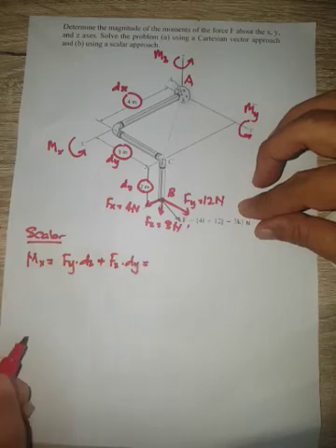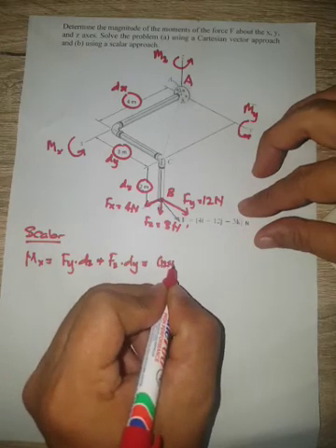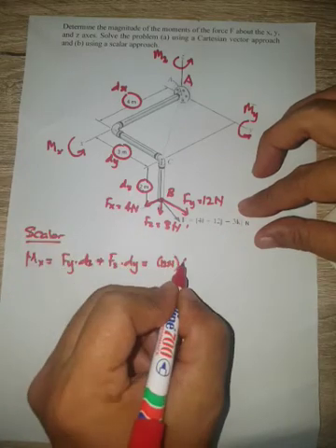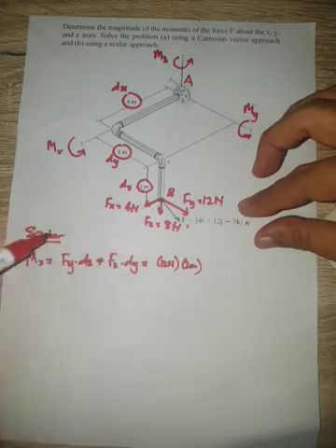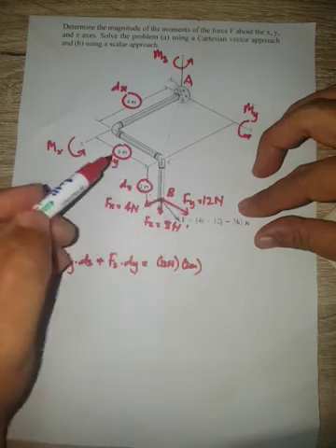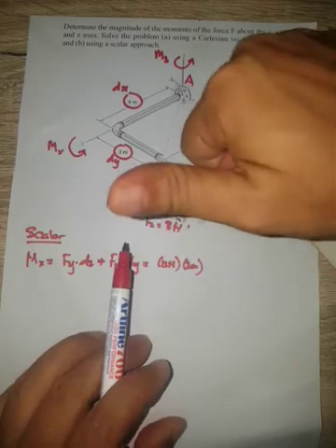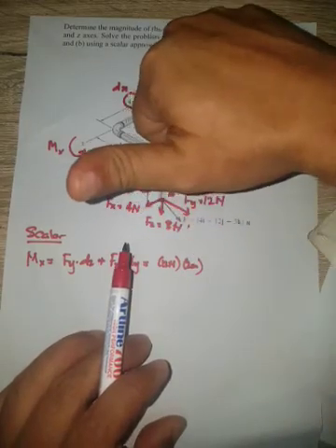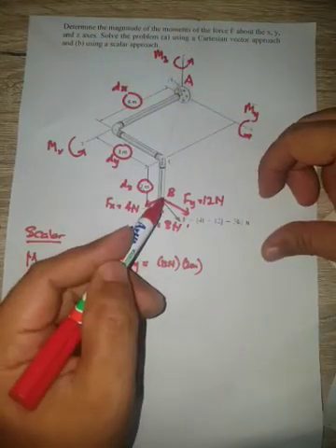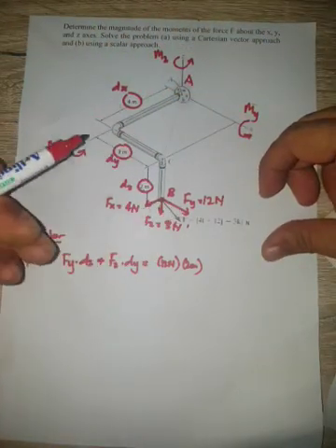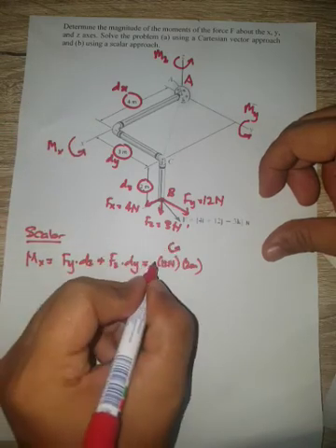So Fy is 12 Newton, dz is 2 meter, and then we see in which direction Fy creates moment around the x-axis. Using the right hand rule, this direction is positive, so this Fy creates a counterclockwise rotation, which is positive here.